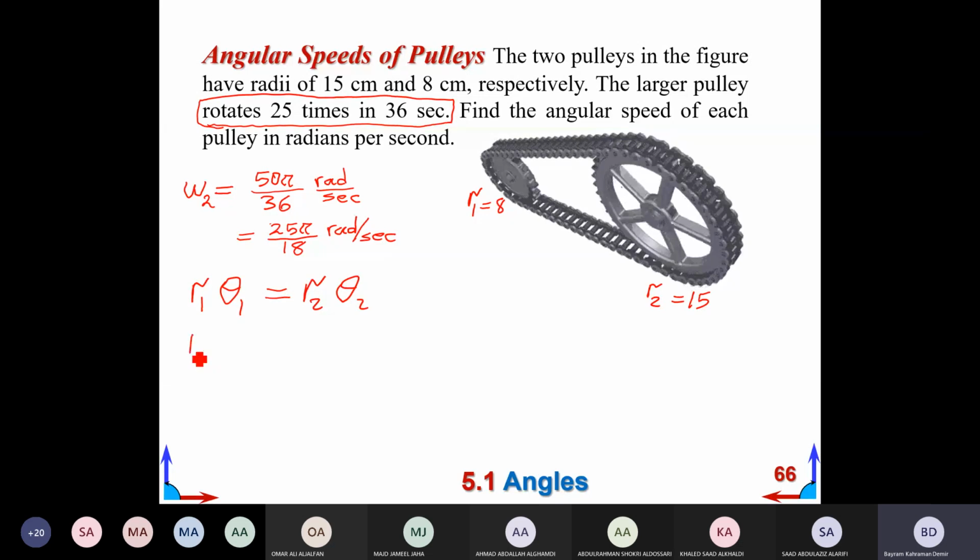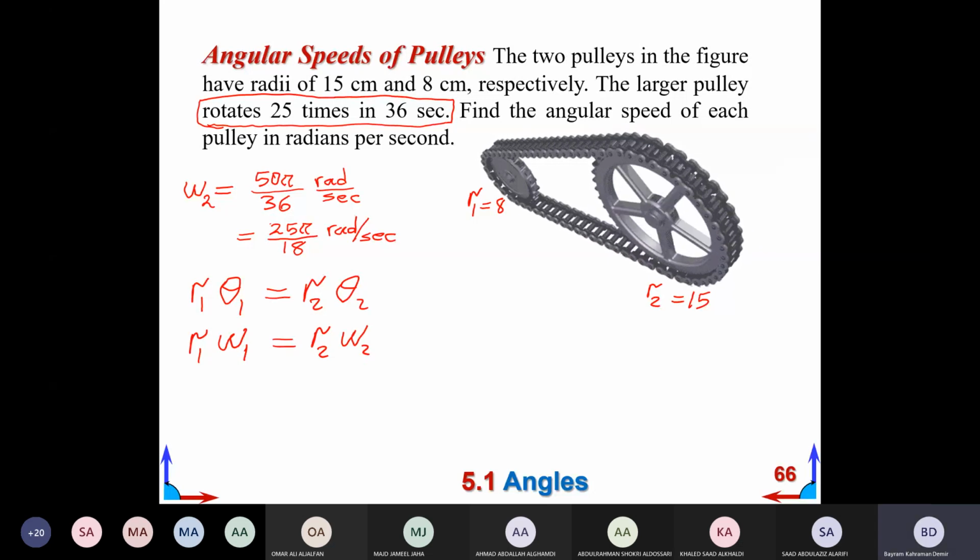Now I can use it for omega. R1 times omega 1 is equal to R2 times omega 2. Because omega is the angle per second, right? I'm replacing theta with angular speed, so the formula is still valid.